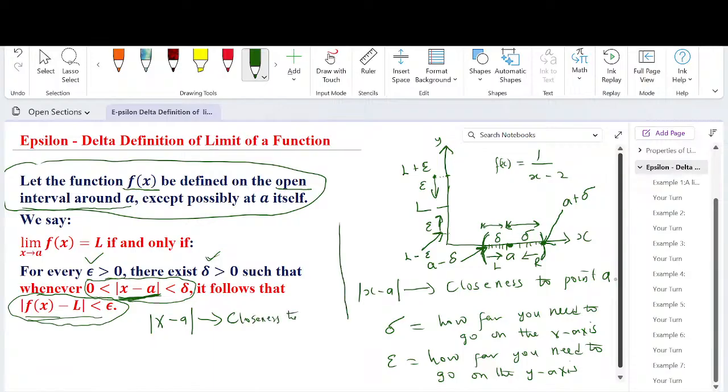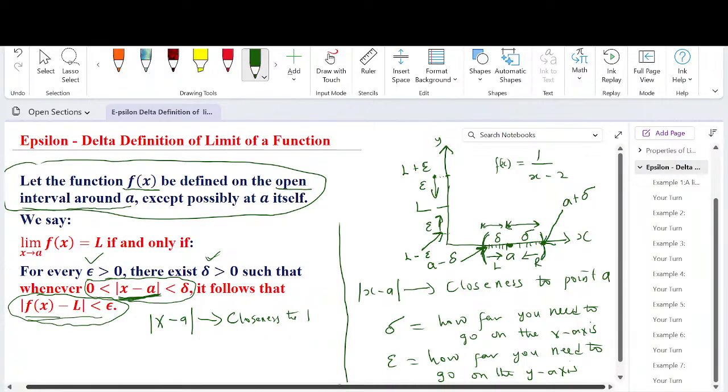This one will be closeness to the limit.